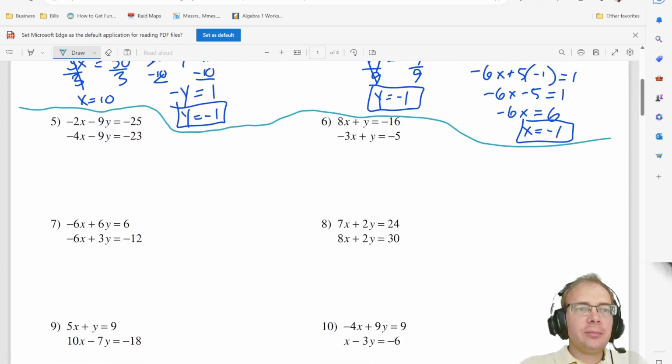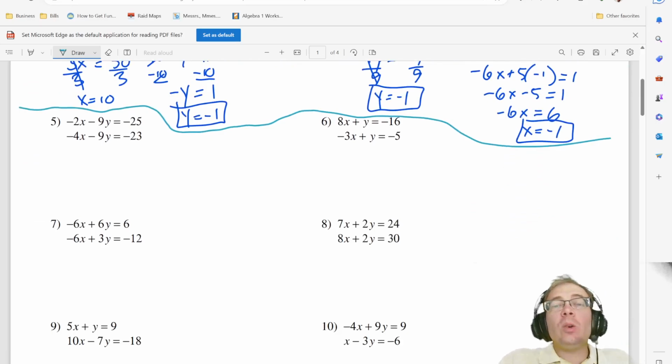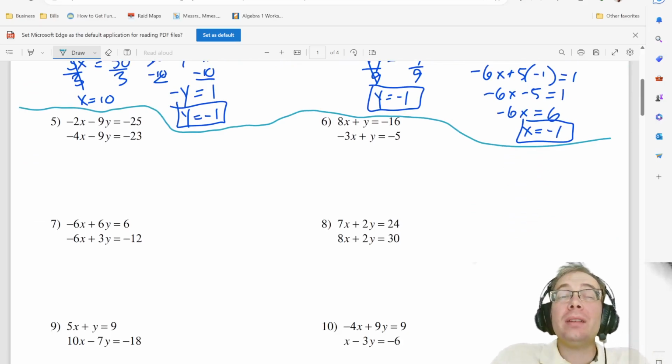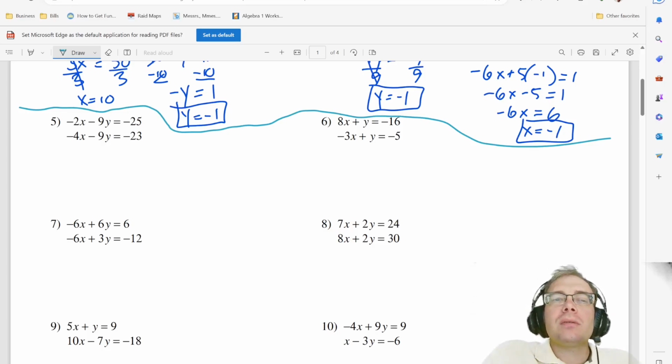Number 5. So now we finally come across a problem in which the coefficients, the numbers that are multiplied by the letters, are not opposites. Now, I mean, they're pretty close, but they're not opposites. They are the same.